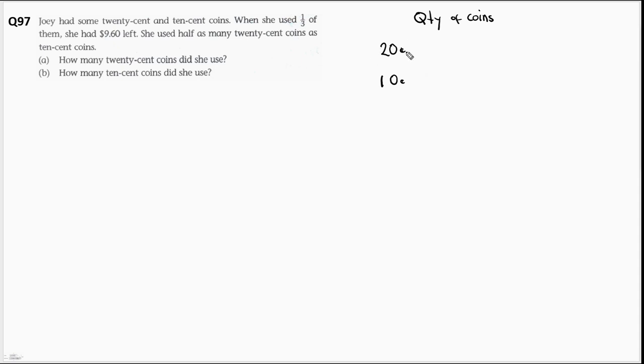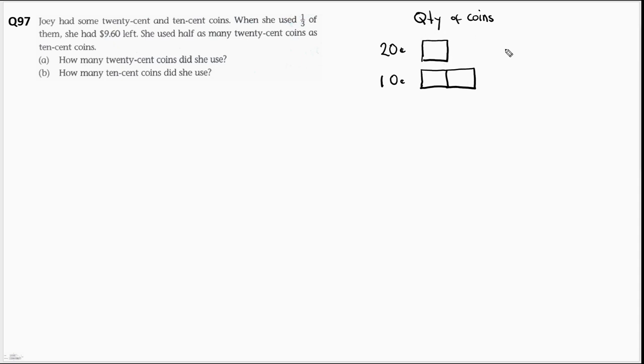Although I've put a little cent sign there, I'm talking about the quantity. So half as many 20-cent as 10-cent. If this represents the number of 20-cent coins used, that is half the number of 10-cent coins used. So that's the proportion of coins used in terms of quantity.